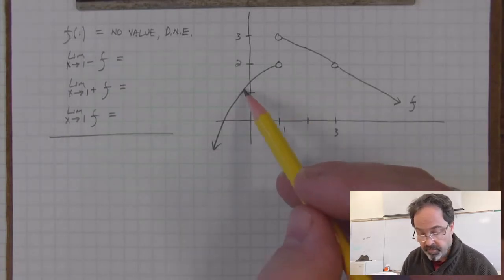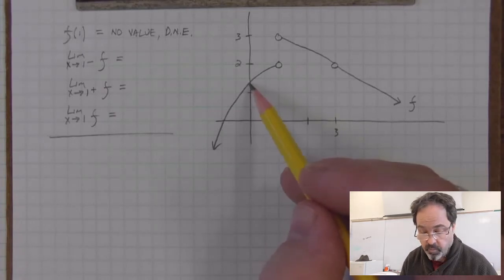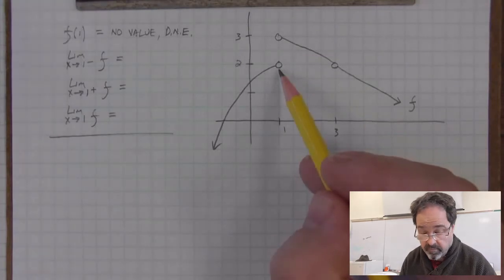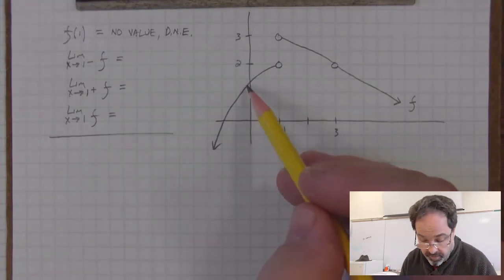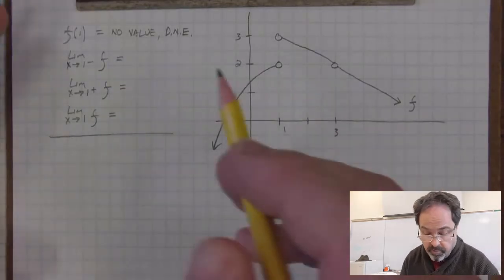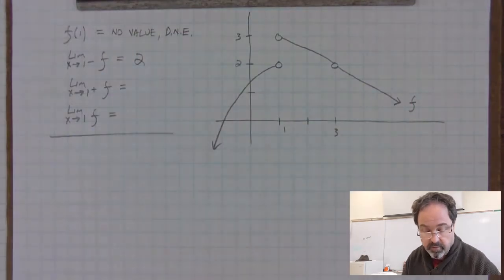So where do we think that we're going to be if we follow the trend of the function? We ignore the fact that once we get to 1, there's no value. This is a limit question, so we think that we're going to end up at 2, even though there's no value there. The answer to this limit question is 2.